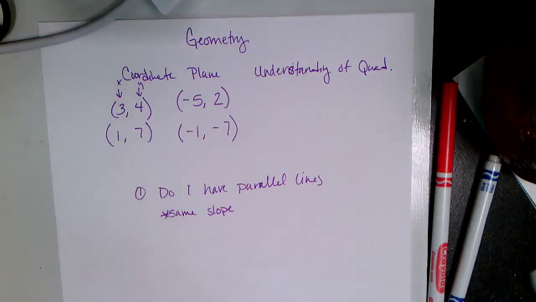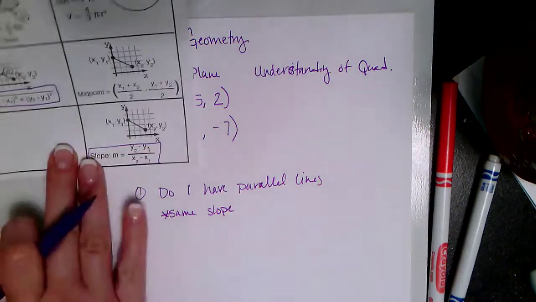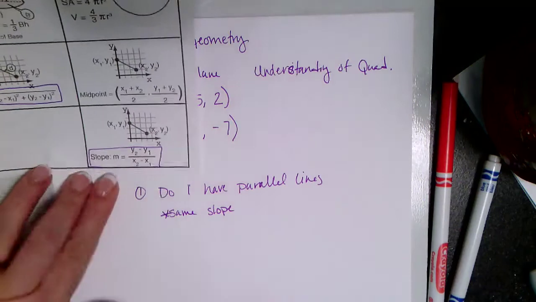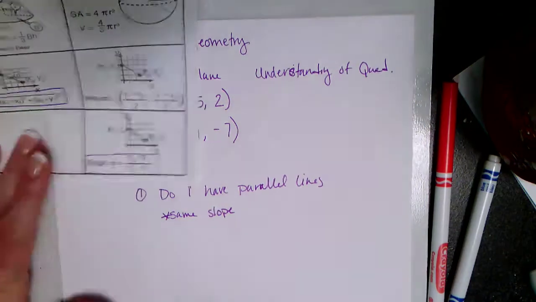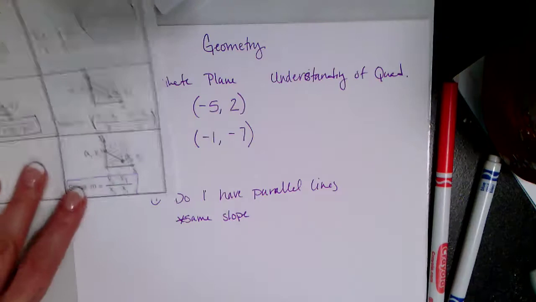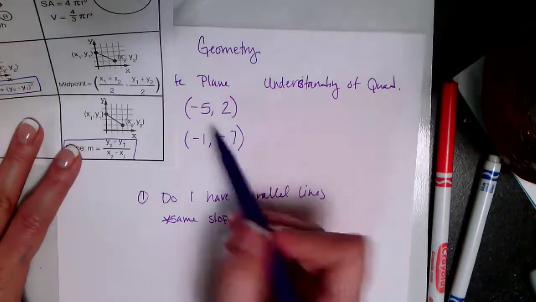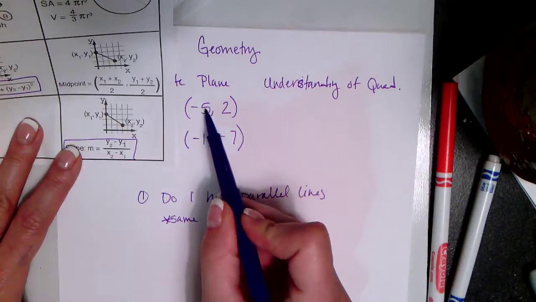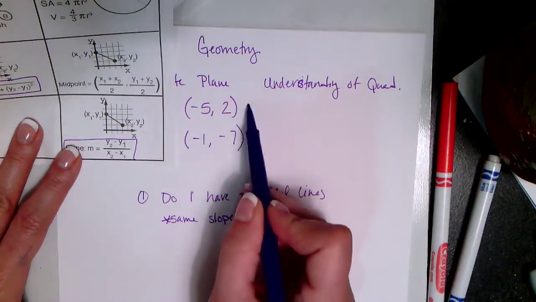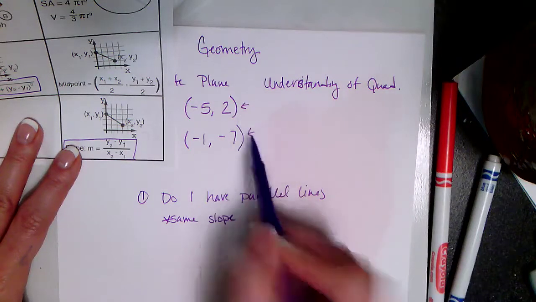So I'm going to use the slope formula, which is right down here, for my points. Let's find the slope between -5, 2 and -1, 7.